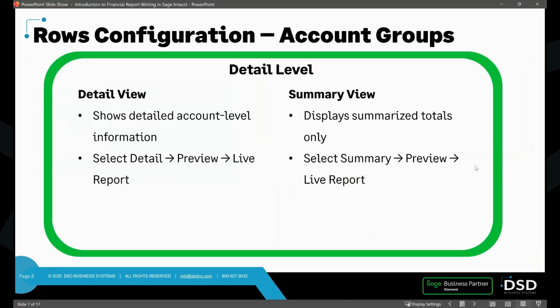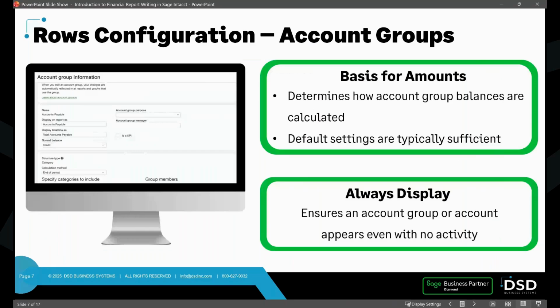Basis for amounts. So what that's going to do is determine what calculation is going to be displayed. And then always display is just going to ensure that the account group is always going to be displayed, whether it has activity or no activity. Next slide.